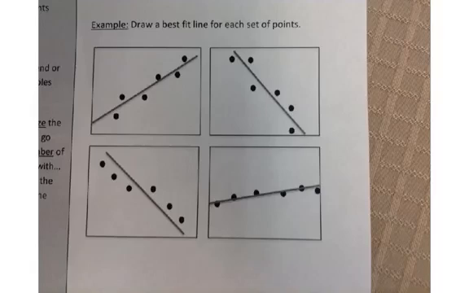Now if you look at it though, I could have actually drawn, let's say for example, this bottom one, I may have drawn it just a little bit more up or higher. And that doesn't mean that mine is necessarily wrong versus yours being right. It just is what it is.